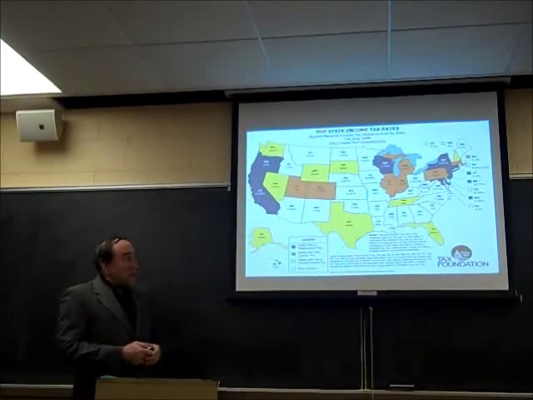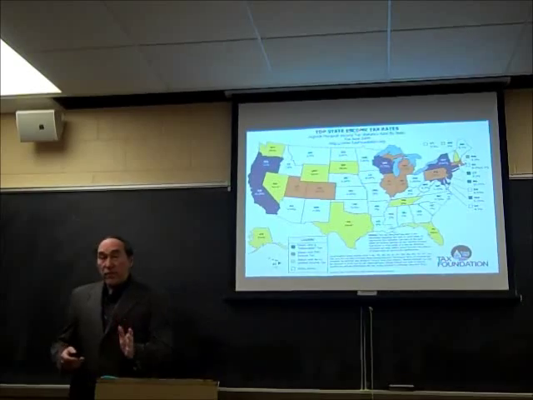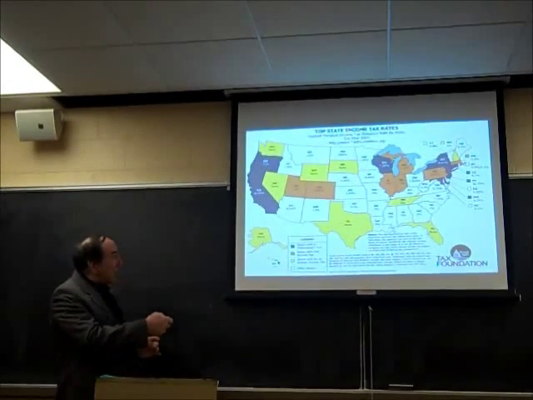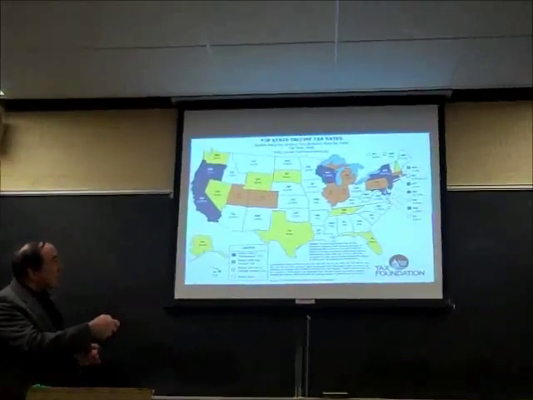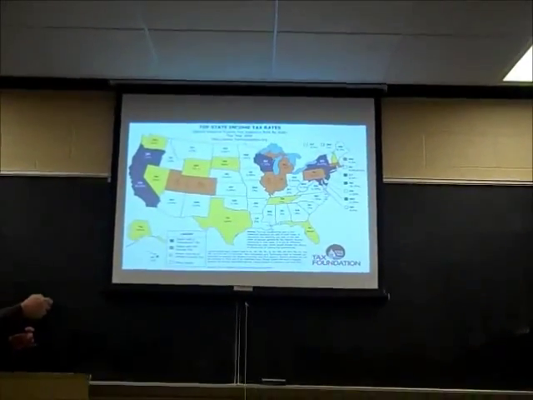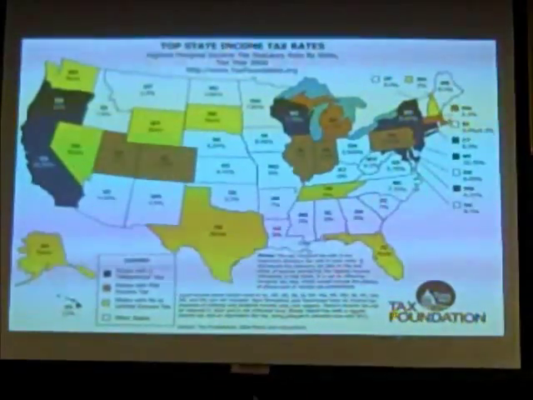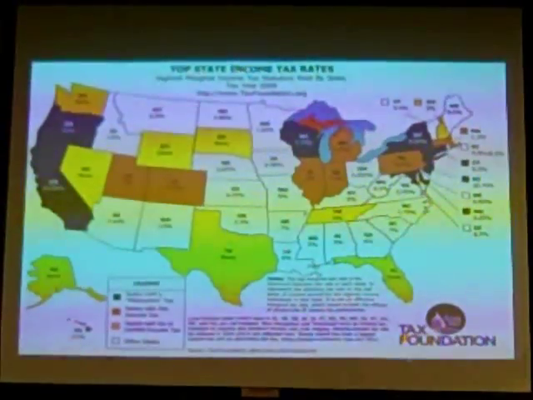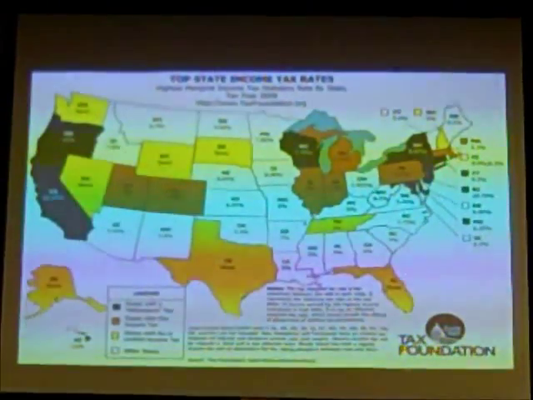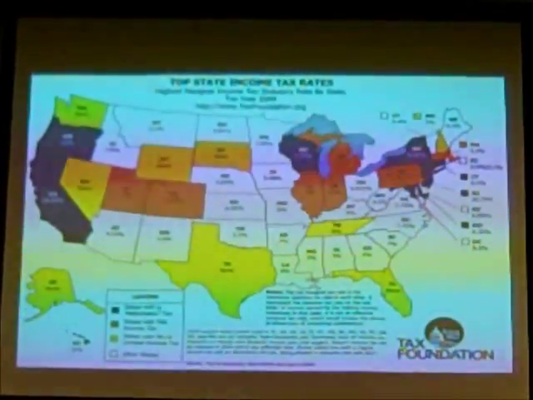This is an interesting chart because it talks about income tax. The first thing I want to point out to you is look at Alaska, Texas, South Dakota, Wyoming, Nevada, Washington, Tennessee, Florida. No state income tax.